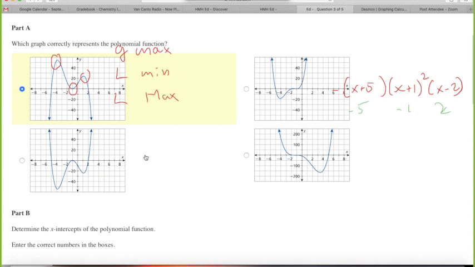Again, this one is local because these points are in fact above it. And there are no other points that are above here, which is why it is a global maximum.